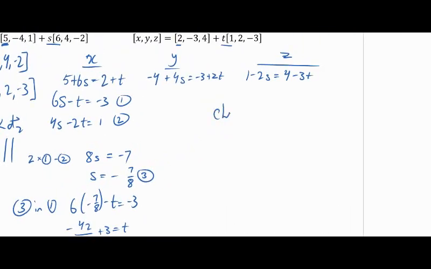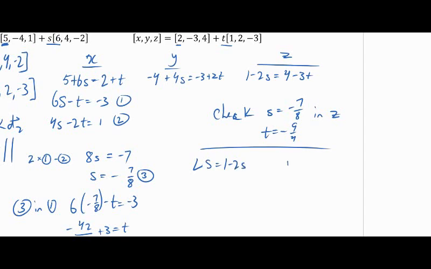And then I'm going to check s equals negative 7 over 8 and t equals negative 9 over 4 in the z. Left side equals 1 minus 2s. Right side equals 4 minus 3t. And this works out to 11 over 4. And this one works out to 43 over 4.